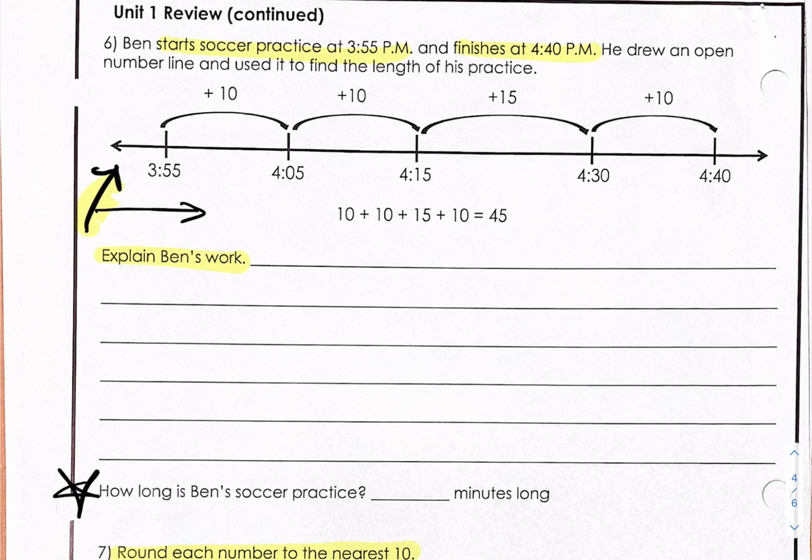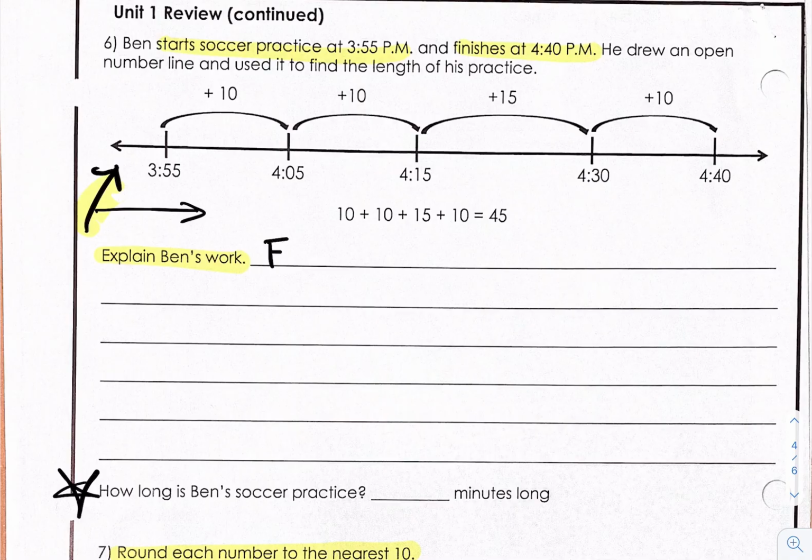For Ben's soccer practice, remember when we are explaining, we want to use those transition words like first we did this, then he did this. So this, I'm going to give my example, and if you had something similar, then you're good.